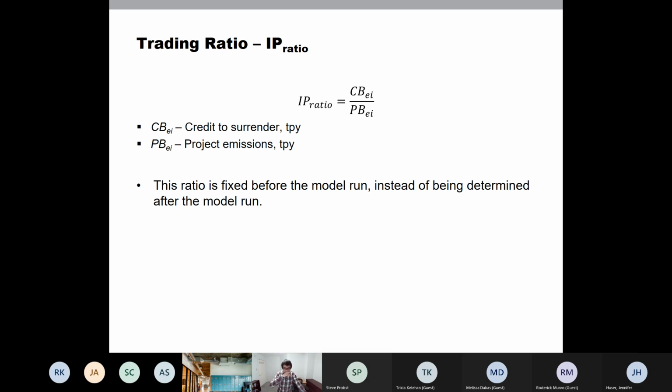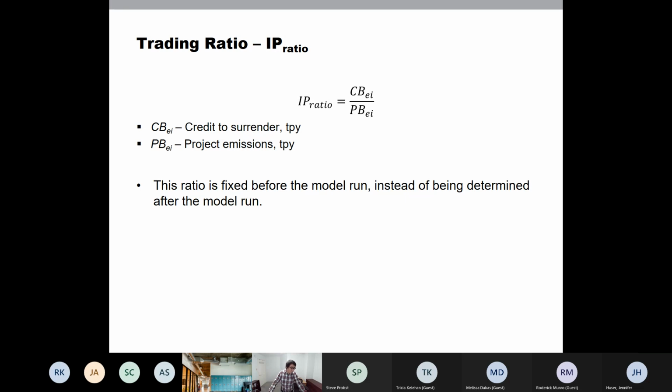They ask what the minimum credit they have to surrender is, and whether we can pull that from the model we just ran. Unfortunately, the answer is no if you do a direct analysis like this.